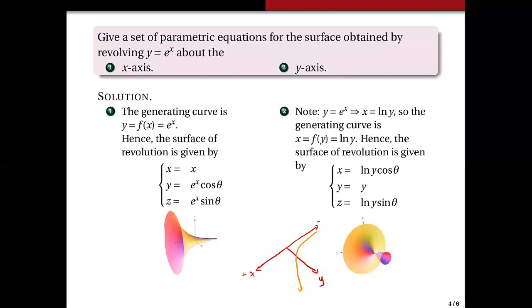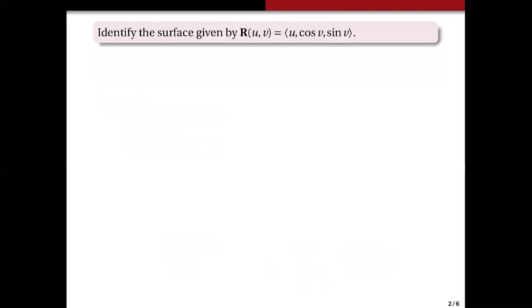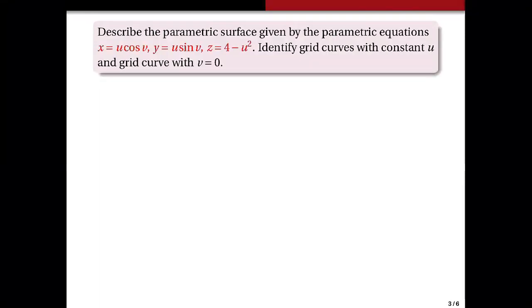So from our first problem, we had identification of the surface if we are given the vector valued functions. And our second problem, identification of the surface, still if you have these parametric equations.